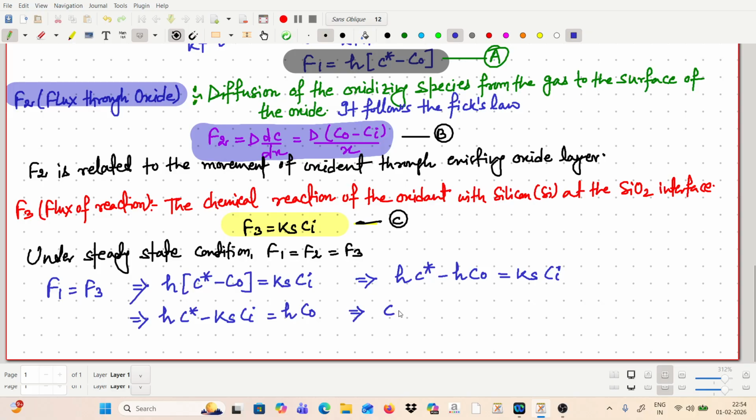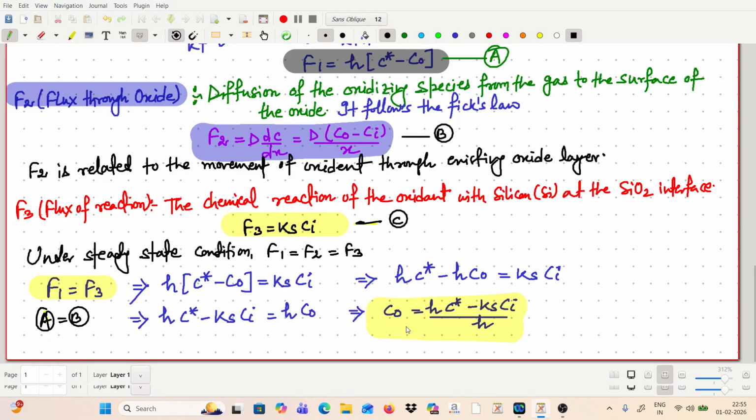So C naught equals (hC star minus Ks Ci) divided by h. Is it okay? From here we have found C naught as a function of C star. Here we are taking equation A equals equation B.